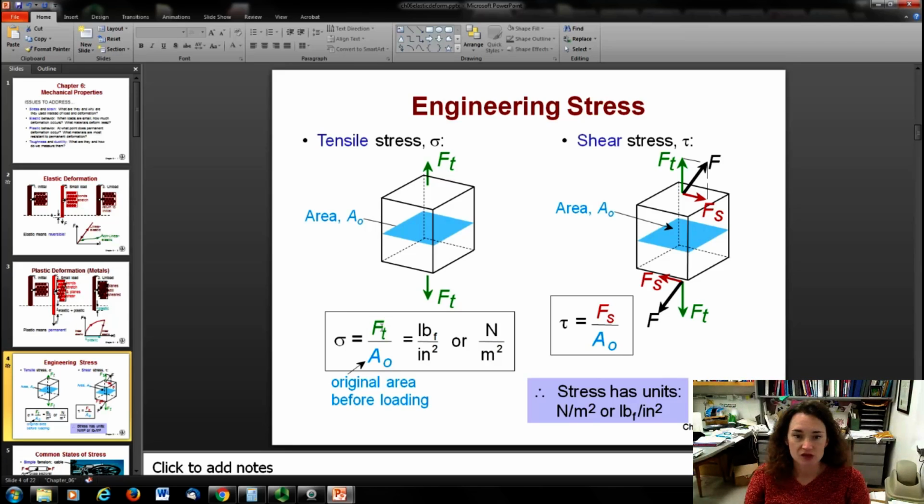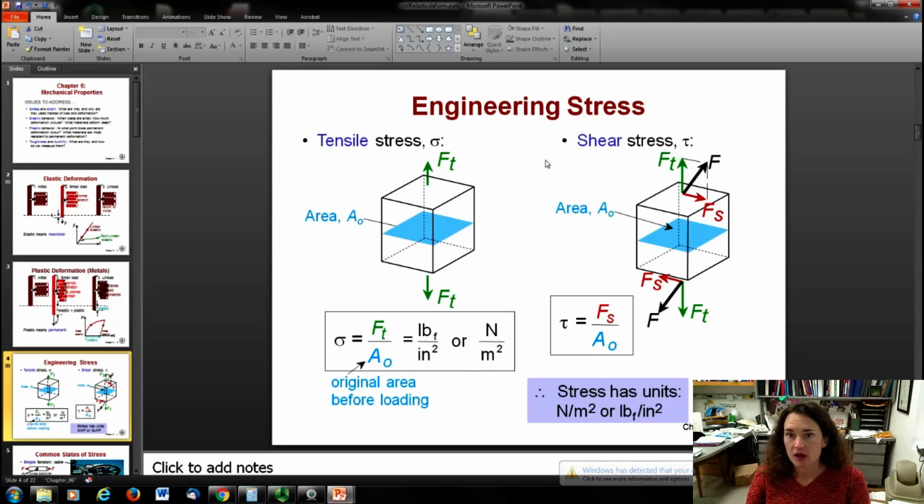That force is divided by the original cross-sectional area of the material before it's been loaded. This can be in English units, pounds per square inch, or in SI units, newtons per meter squared. Oftentimes this is expressed in terms of pascals. Remember that 1 Pascal is 1 Newton per meter squared, and Pascal is abbreviated Pa, capital P, lowercase a.